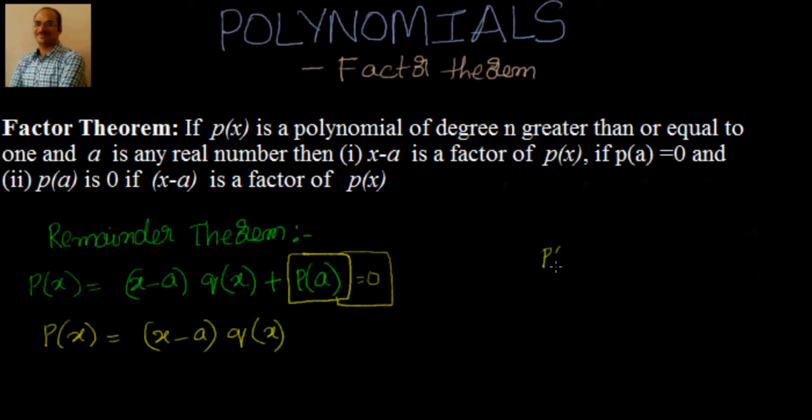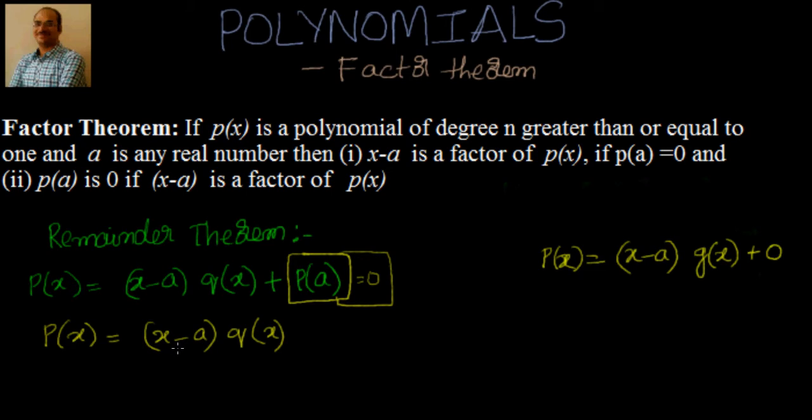If I write p of x is equal to x minus a into g of x, I know that x minus a is a factor of p of x. When it becomes a factor, the remainder will be nothing but 0, because it is called a factor only when the remainder is 0.